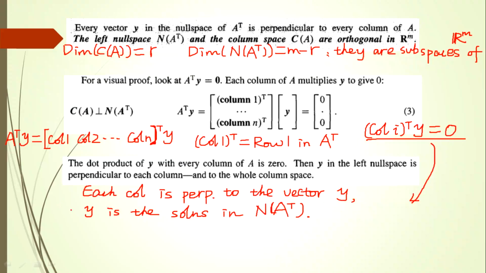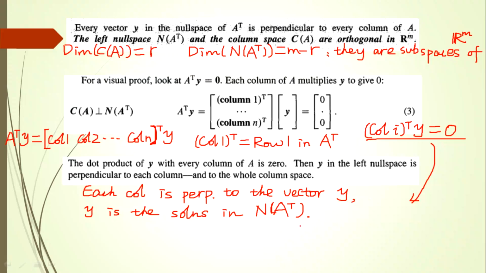A combination can be any combination of the columns, which is also perpendicular to the vector y, which means every column vector from the column space is perpendicular to the y from the left null space.